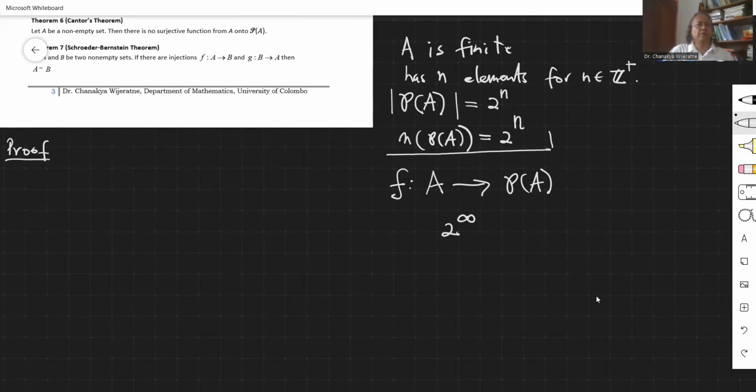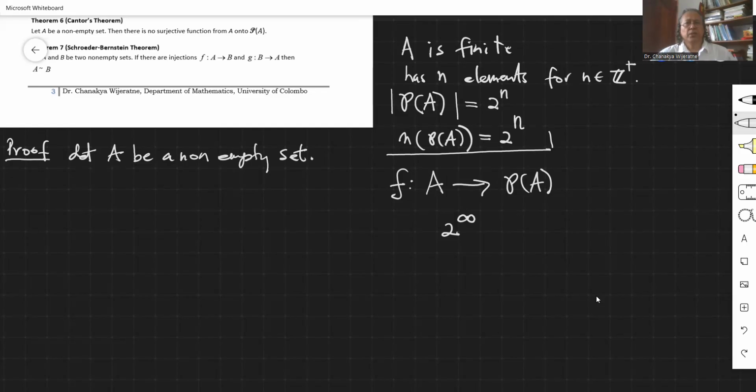So A is a non-empty set, and we are going to prove this by the method of proof by contradiction.